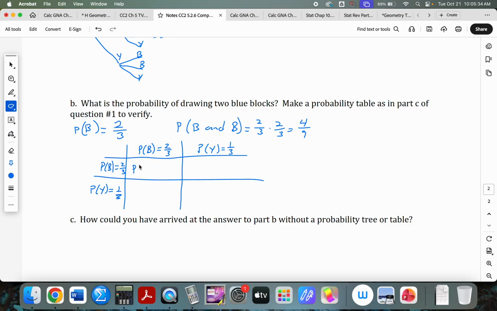So the probability of getting a blue and a blue, if we multiply 2/3 times 2/3, that's 4/9. The probability of drawing first a yellow and then a blue is 1/3 times 2/3 is 2/9.